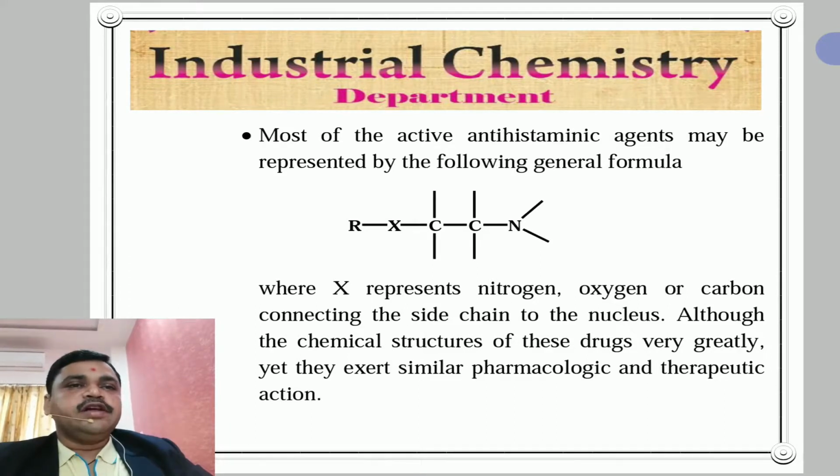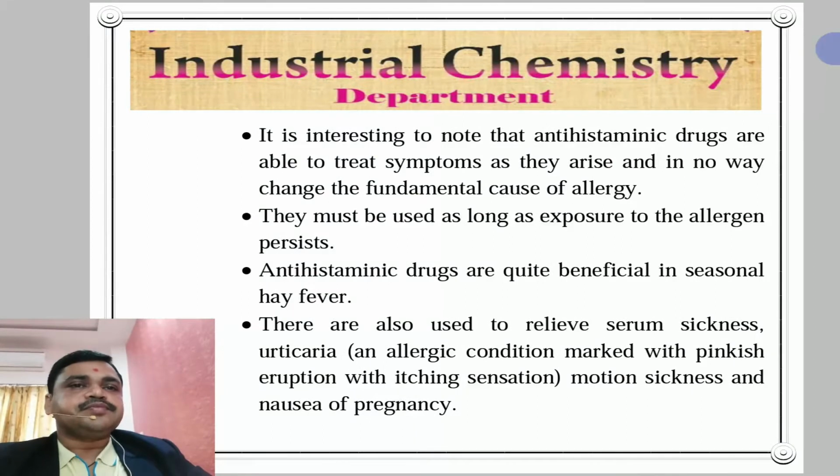This is the general formula for the antihistaminic agents. It is interesting to note that antihistaminic drugs are able to treat symptoms of allergy and in no way change the fundamental cause of allergy.